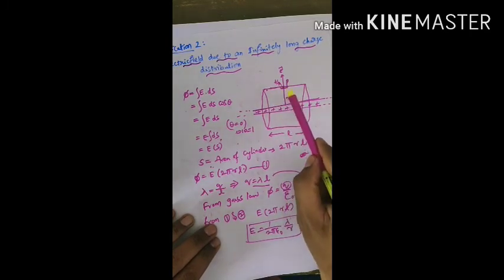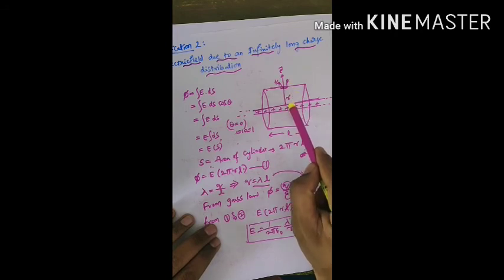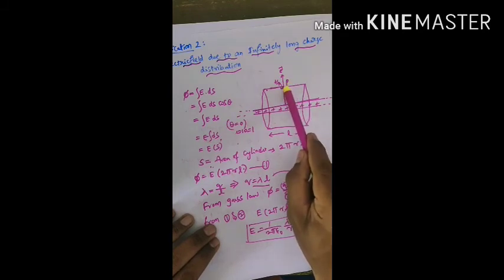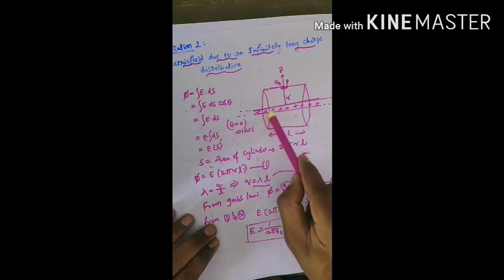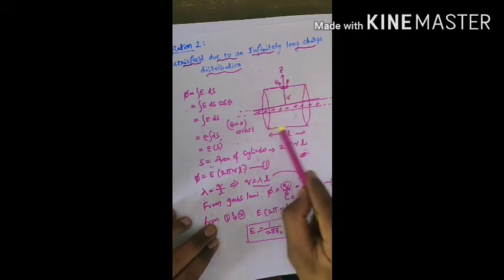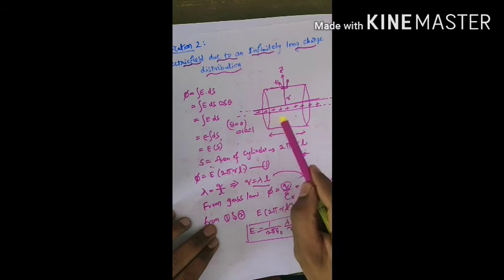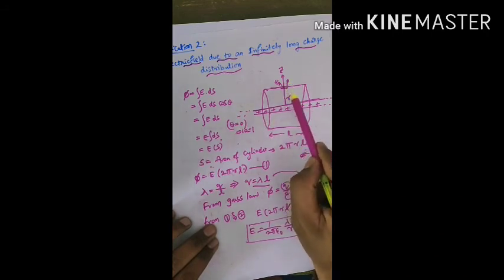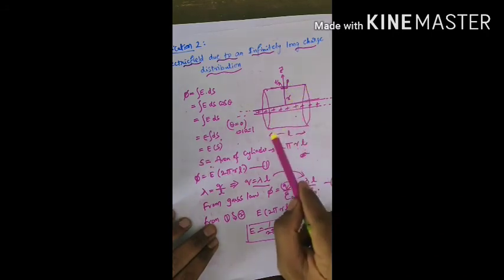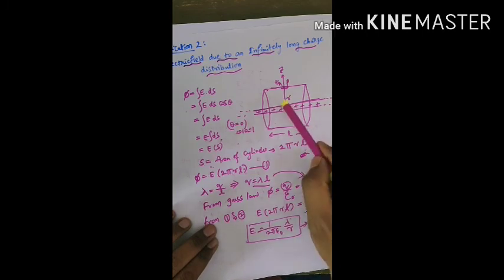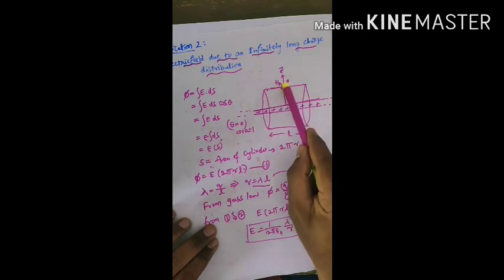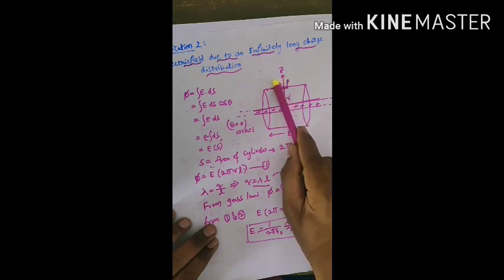That's why consider a point P which is near to this long charge. In order to determine electric field at P, imagine a Gaussian cylinder. This is the Gaussian cylinder. Suppose the length of this cylinder is L, radius R. Consider a small element ds also.